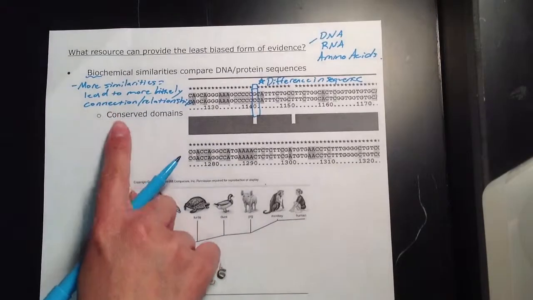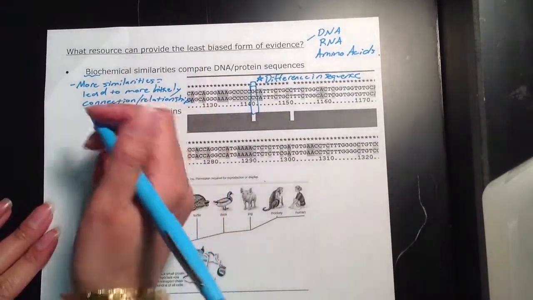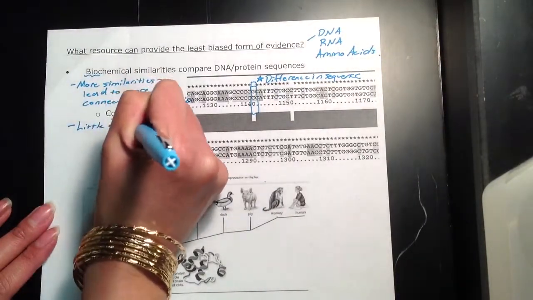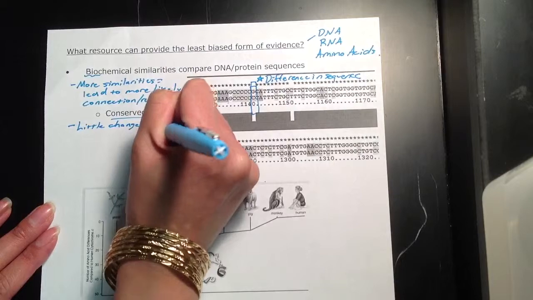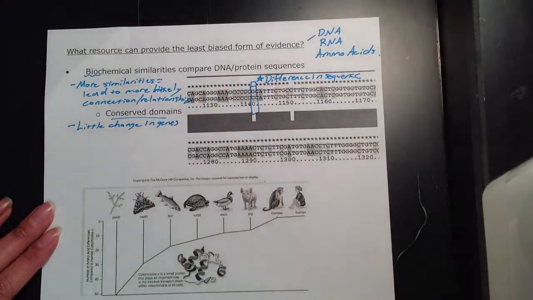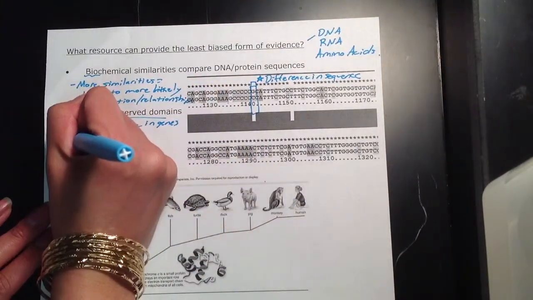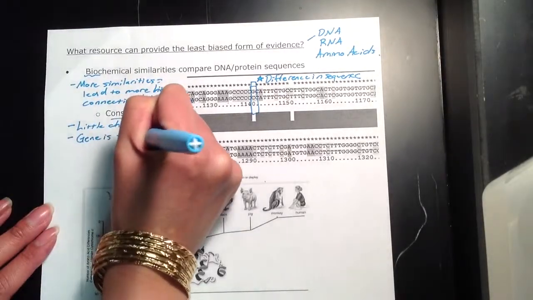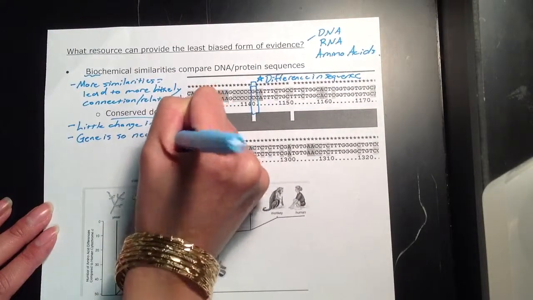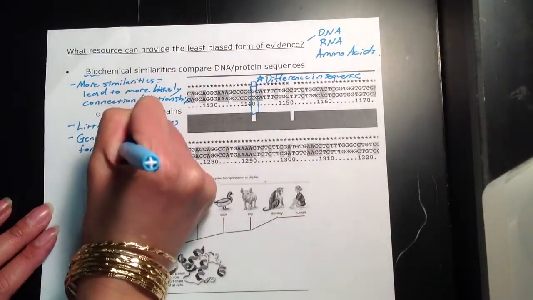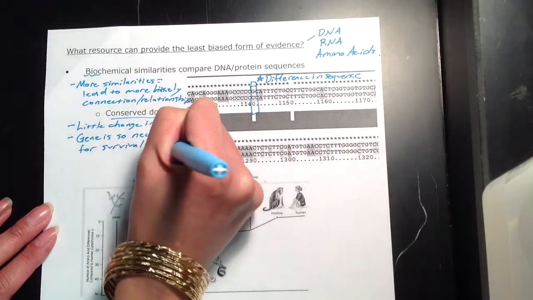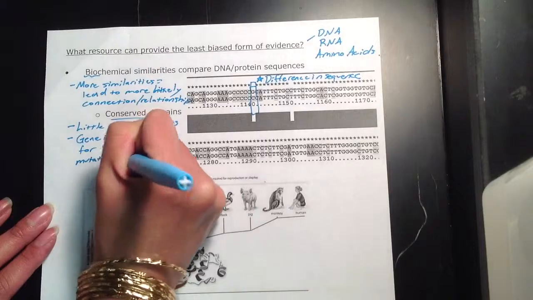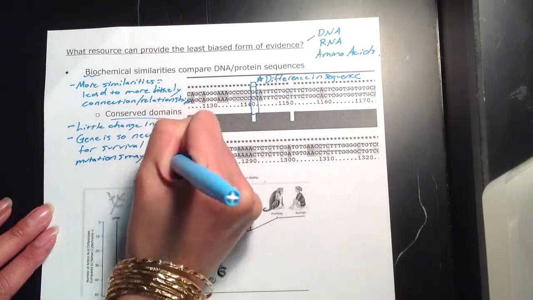There's this idea of conserved domains. Conserved domain really means that we have little change, it could be no change, in the genes that organisms have. And this could be due to the fact that the gene is so necessary for life or survival that mutations may not survive.